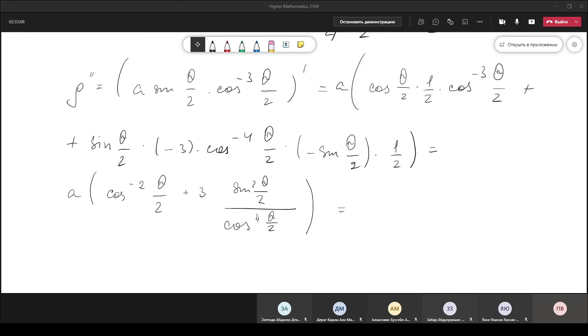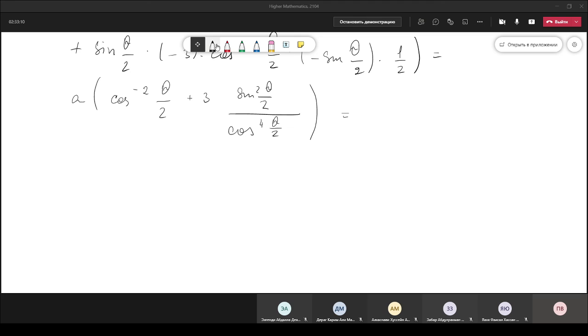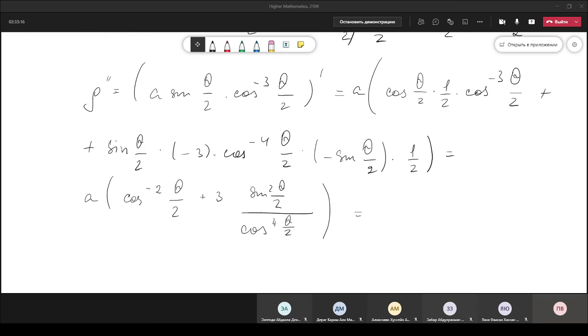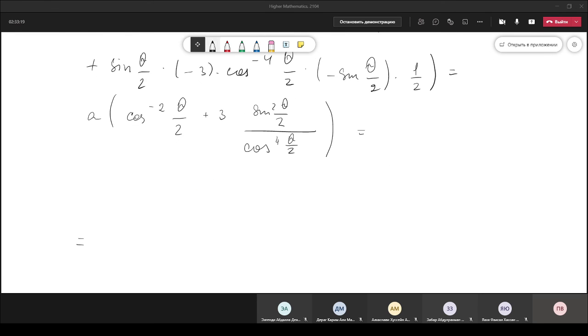Make one denominator, and I must take out 2. Good.